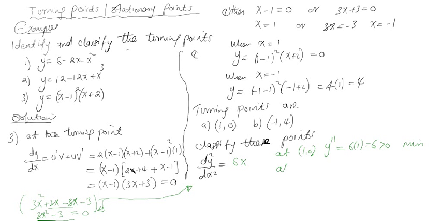At (-1, 4), the second derivative y double prime is 6 times -1, which is equal to -6, which is less than 0. This means that this point is a maximum point, and that's how you work it out.